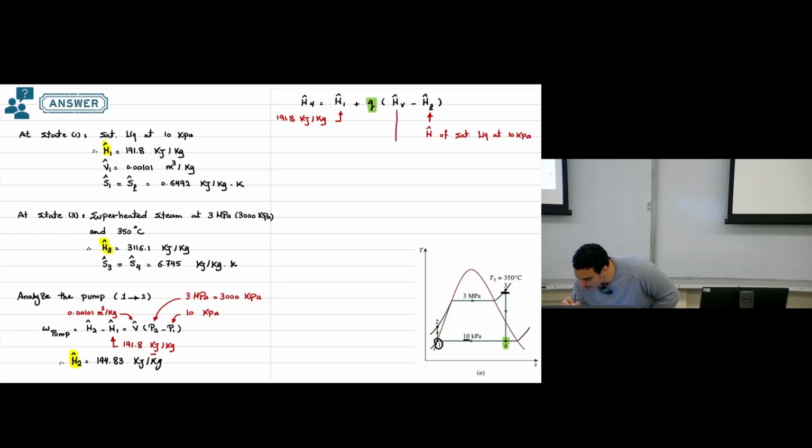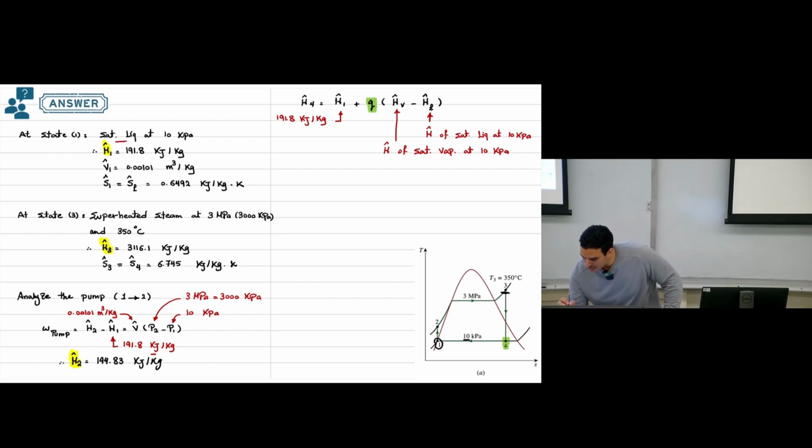This one is the specific enthalpy of saturated vapor at 10 kilopascal. So already we have point number 1 is saturated liquid at 10 kilopascal.